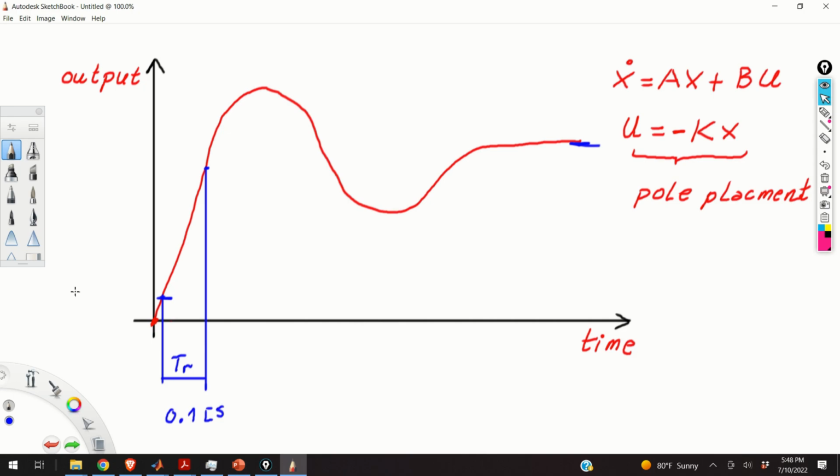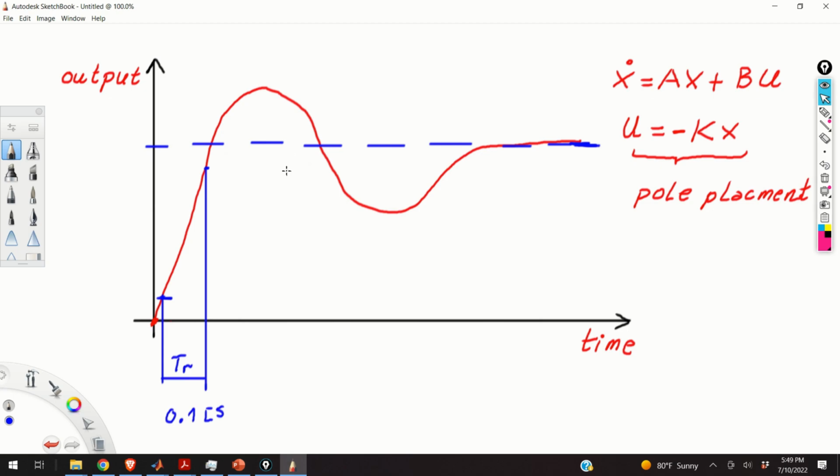Another important specification is the percent overshoot. Usually the percent overshoot is defined as the amount that the waveform overshoots the steady state or final value at the peak time, and this value is expressed as a percentage of the steady state value. So let us apply this definition. Here is our final value, and we draw a horizontal line.